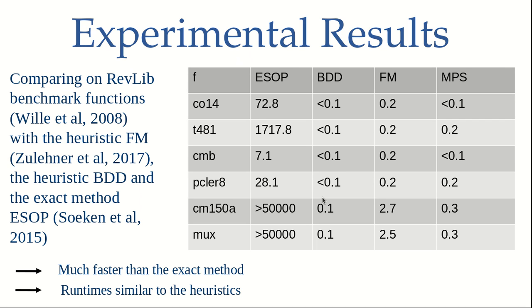And what we are showing here are the runtimes that we obtained. So what we can see is that we are much faster than the exact method, but we are even comparable to the heuristics, although as opposed to the heuristics we do have quality guarantees, so we can control how far away our solution is from the optimal solution.